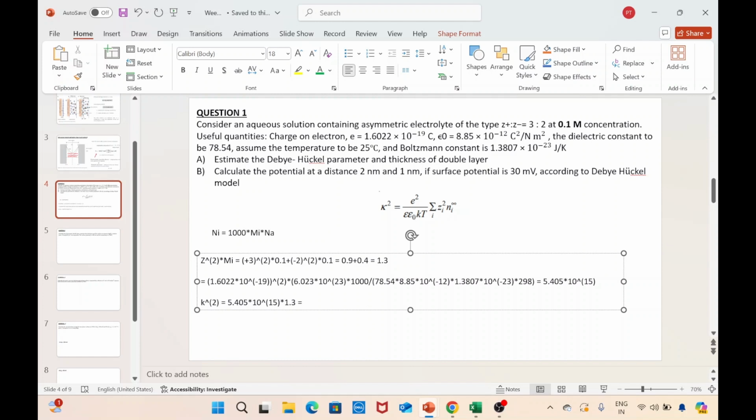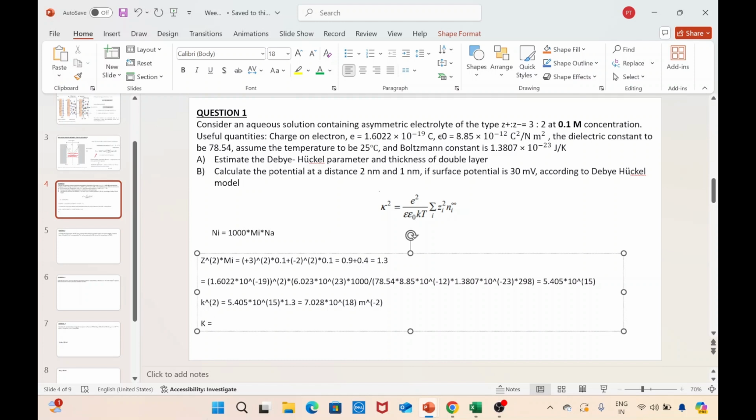So this value will be nothing but 7.028 into 10 to the power 18 meter power minus 2. So the value of kappa is nothing but the root of this.